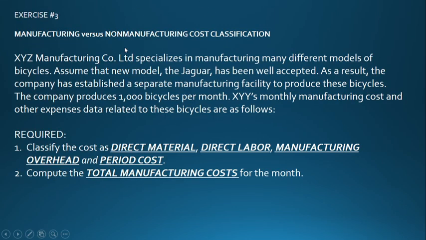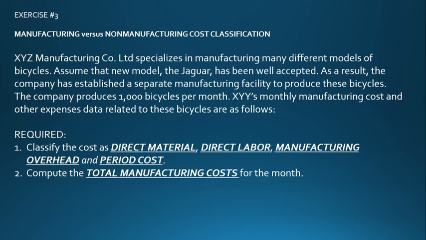So, here is exercise number 3. Let me read the problem. XYZ Manufacturing Company Limited specializes in manufacturing many different models of bicycles. Assume that new model, the Jaguar, has been well accepted.